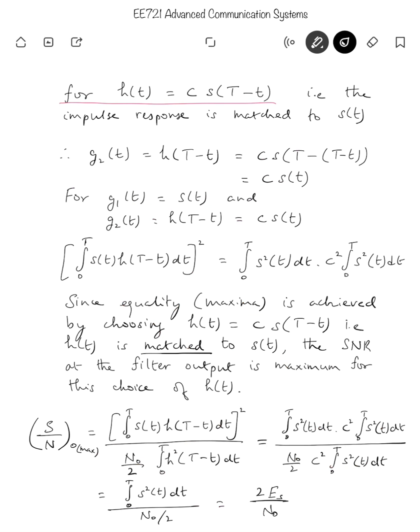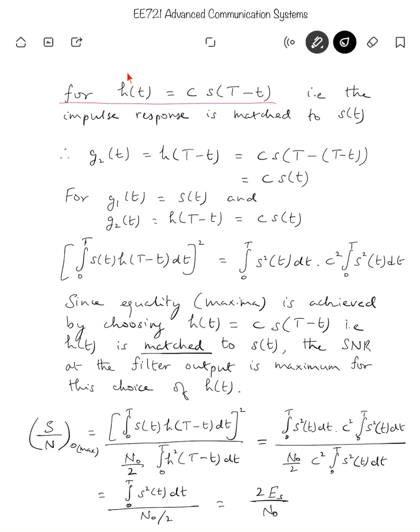So let's see that in more detail. When we choose our impulse response h of t to be the signal matched to the signal s of t, which is the time reversed and shifted version of the signal with some proportionality factor or scaling factor c, we then substitute for g1 of t and g2 of t. So g1 of t is s of t, g2 of t is h of t minus tau.